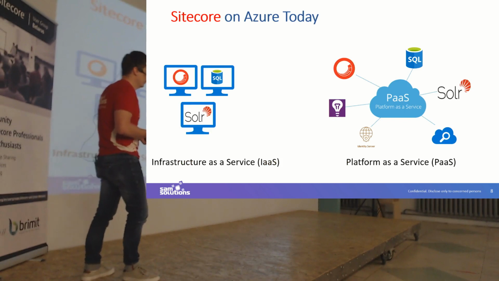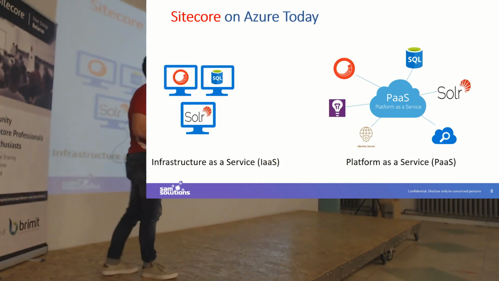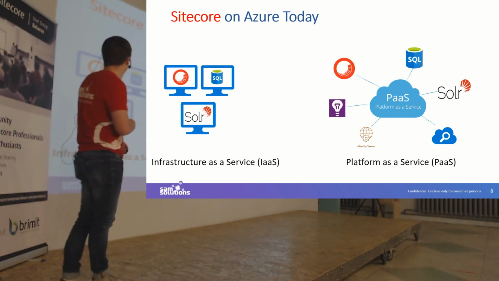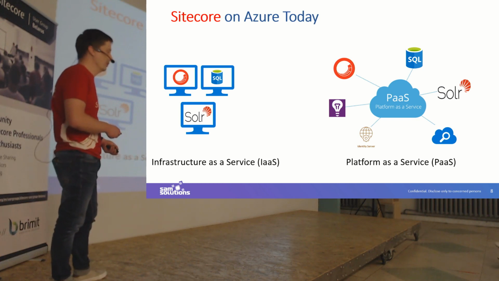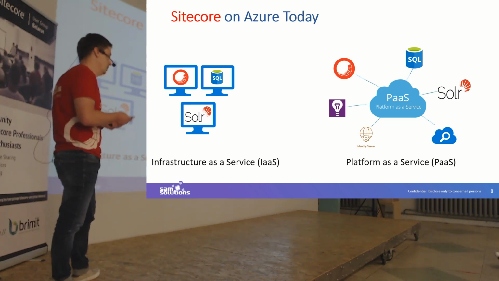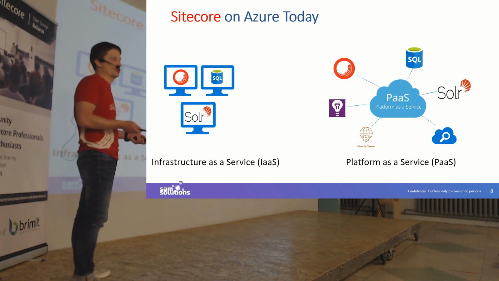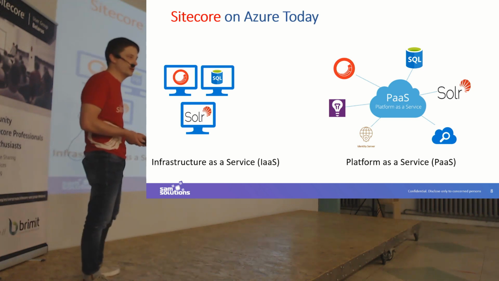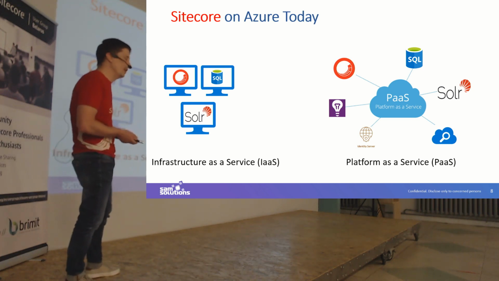Okay, let's discuss a bit about Sitecore in Azure right now. What do we have in general? The first one we call infrastructure as a service. For example, we install and pre-configure some virtual machines, one or more if we are talking about a scaled architecture, or just a single one for development or QA.